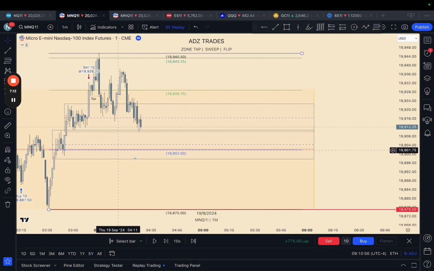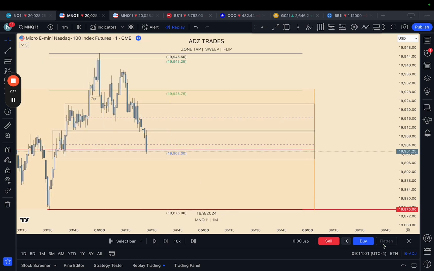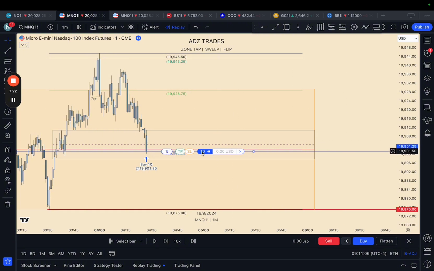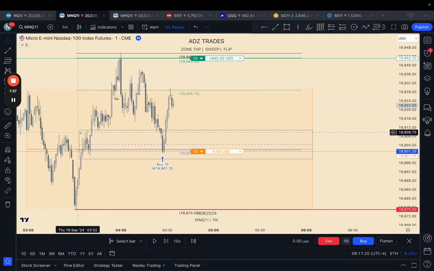Let's see if we get tapped into this one. Okay, so there would be our entry, and we'd have our SL there, TP there. Get that 1 to 1.5. Right, that's instant break even. Lovely, lovely reaction from this SNDR and this 618 fib.